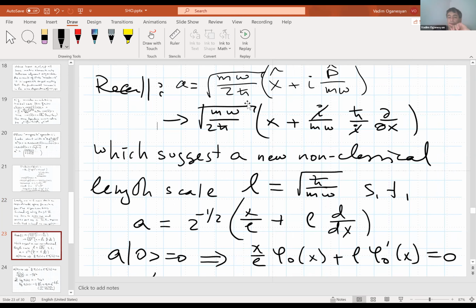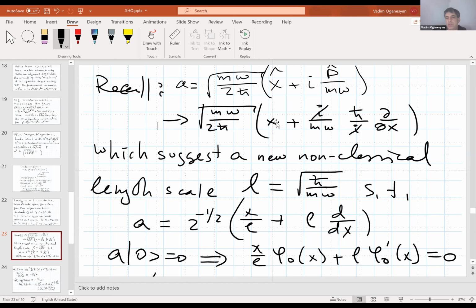And here I'm going to come back and fully utilize this quantum length scale that I defined earlier. So instead of carrying around all these factors of m, omega, h bar and all that junk, I'm going to say that the annihilation operator, or the lowering operator, it's also called the annihilation operator because it annihilates energy, removes energy from the system, can be rewritten, and this is kind of super beautiful, I think.